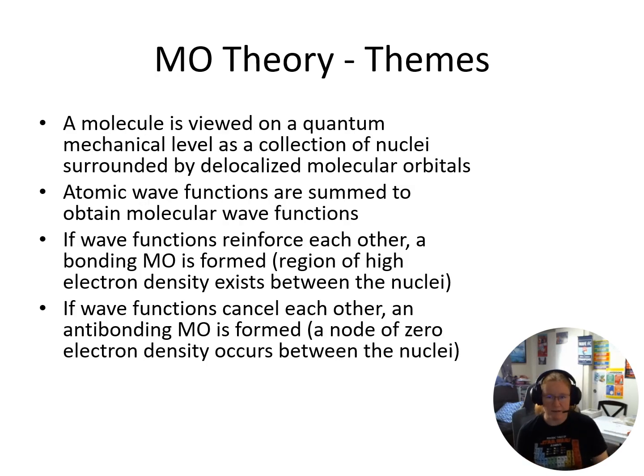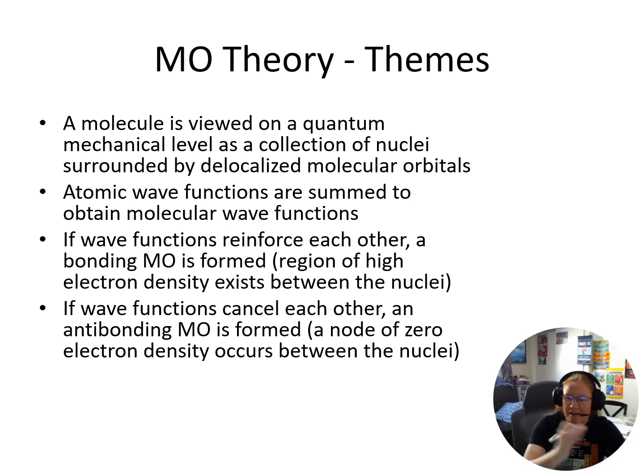Things to think about. When we have our quantum mechanical view of everything, we've got a collection of nuclei that are surrounded by these delocalized molecular orbitals. And so remember when we talked about quantum mechanics and we explored this idea that we can have wave-like behavior as well as particle behavior.